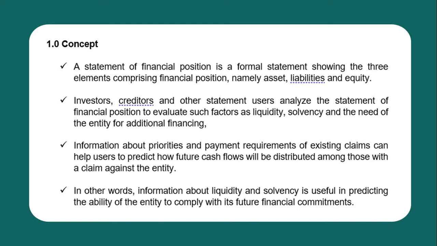Information about priorities and payment requirements of existing claims can help the users predict how future cash flows will be distributed among those with a claim against the entity. So, who have claims against the entity? They are the investors and the creditors.